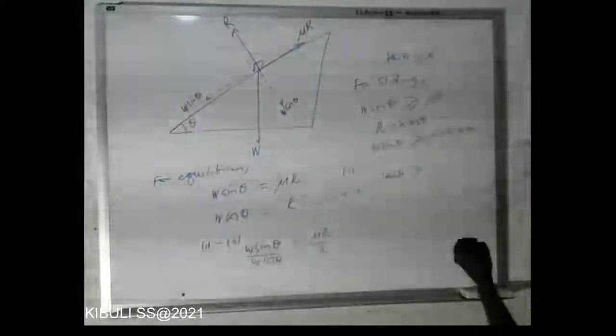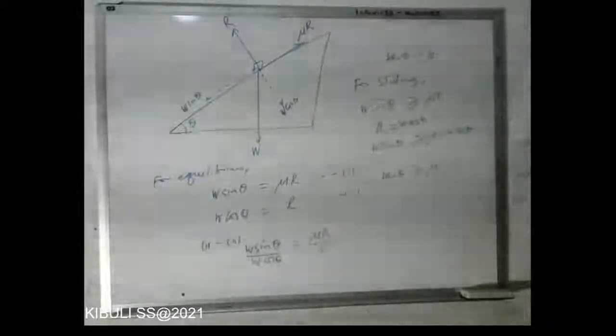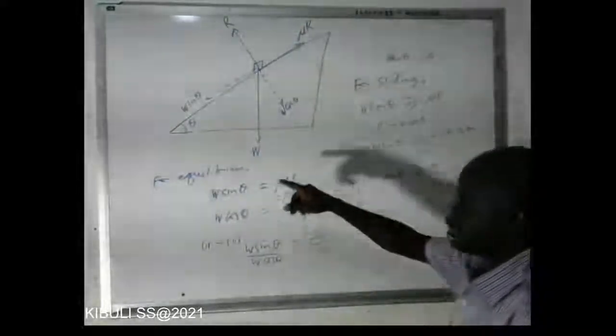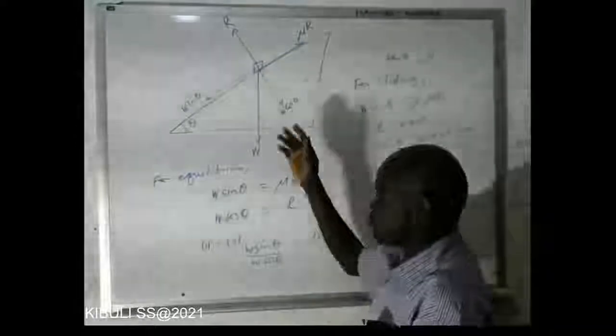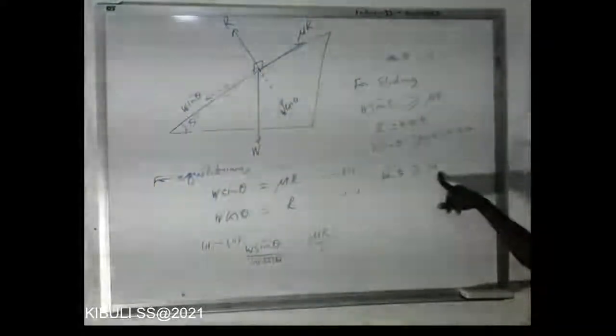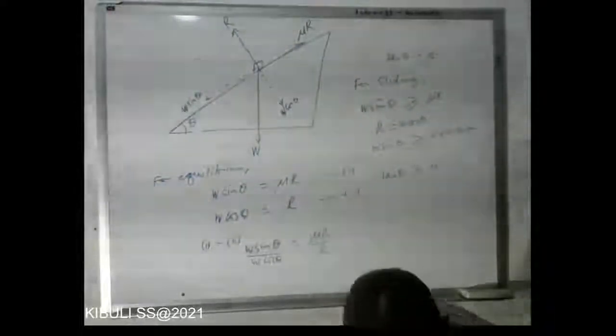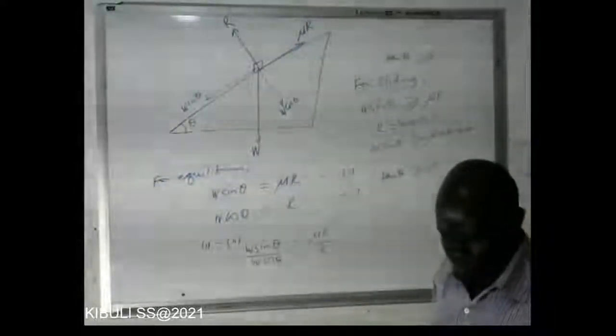So this is the condition for sliding to take place. So long as the tangent of the angle of inclination of the plane is greater than or equal to the coefficient of friction, sliding will take place.